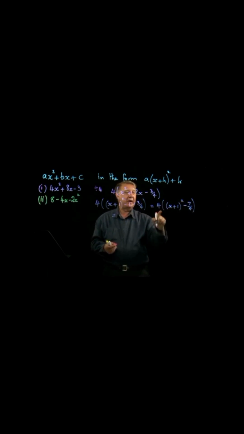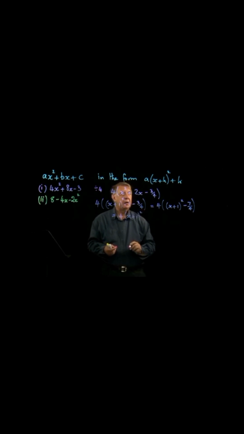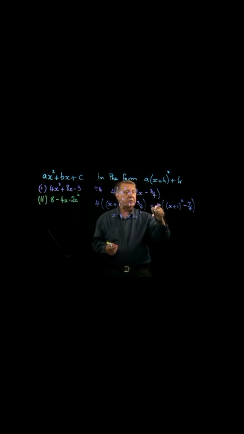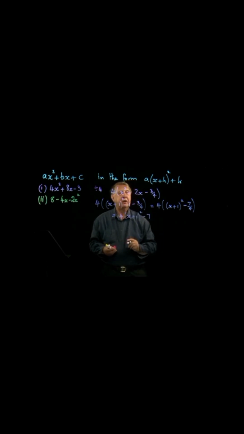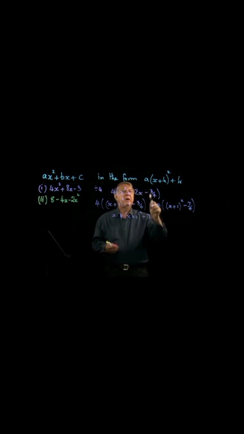I can get round that by putting the 4 with this squared bracket, which is x plus 1 squared. I then have got to worry about this 7 over 4, but of course there's a 4 outside here, so 4 times 7 over 4 is 7, giving me negative 7. So it's now in the form.